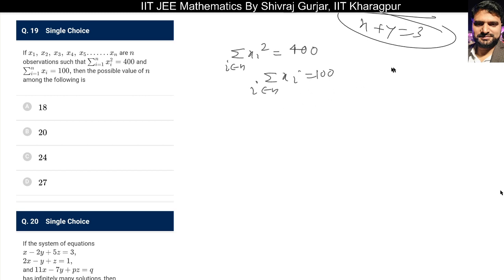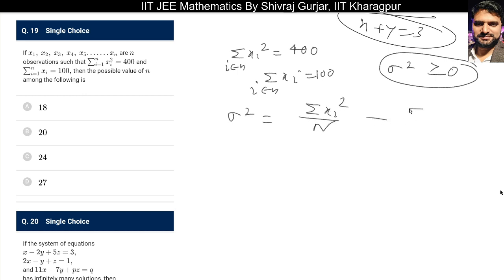Okay, so variance sigma square, that can at least be 0, it can never be negative. Okay, basically it is a square. So we know that sigma square is nothing but summation xi square divided by n minus the whole square of summation xi divided by n. This is the formula. So this should be greater than or equal to 0.